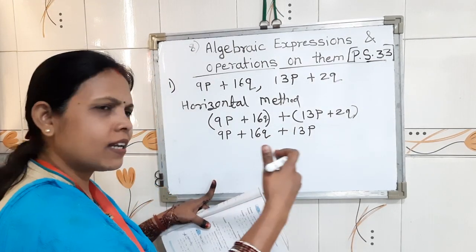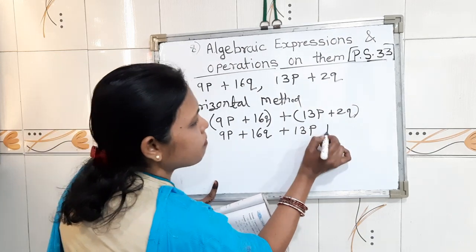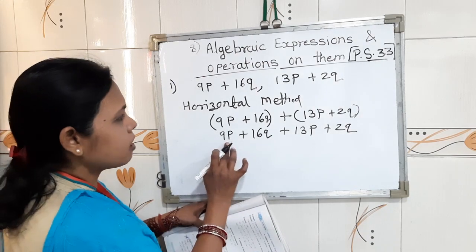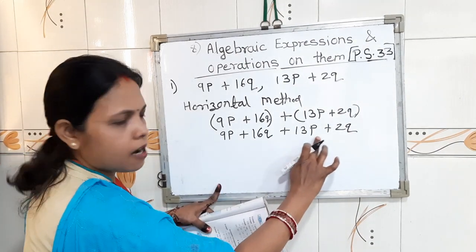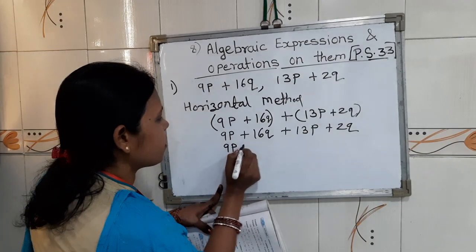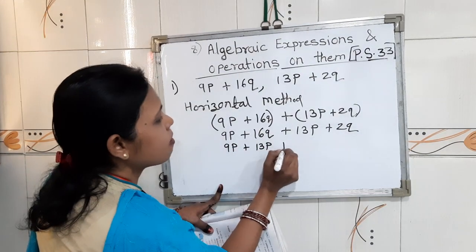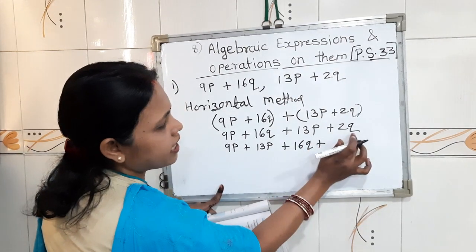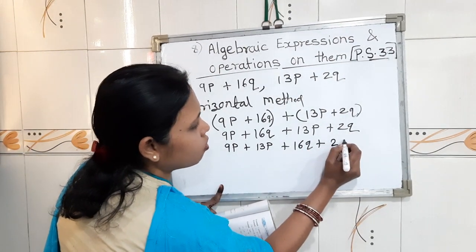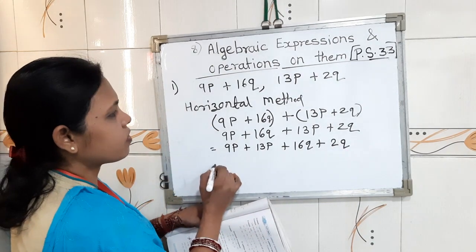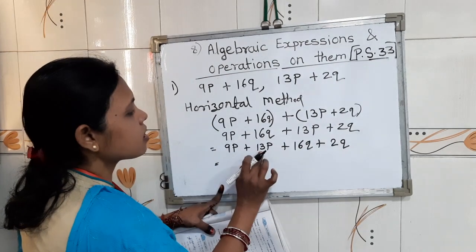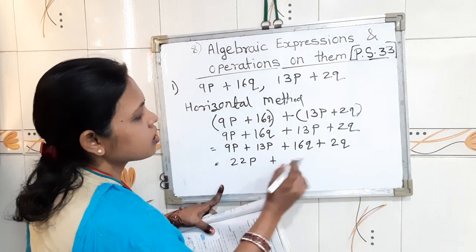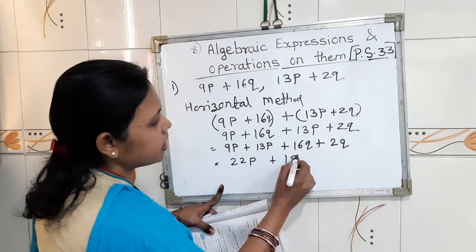Now remove the bracket from 13p plus 2q; no term will change sign. With 9p, the like term is 13p, so write 9p plus 13p. With 16q, the like term is 2q, so write plus 16q plus 2q. Then 9 plus 13 is 22p, plus 16 plus 2, 18q.